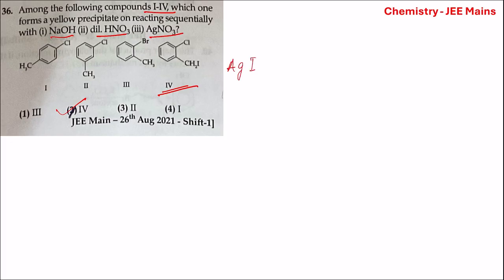This is so because in compounds 1, 2 and 3, the halogen atom is bonded directly to the benzene ring, so it is very difficult to break this carbon halogen bond. But in compound 4, iodine is bonded to a side chain, so the carbon iodine bond can easily be broken to give the yellow precipitate of AgI.